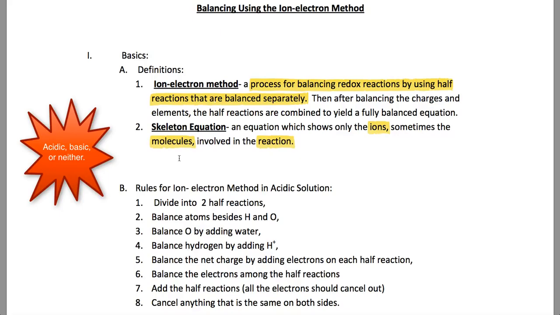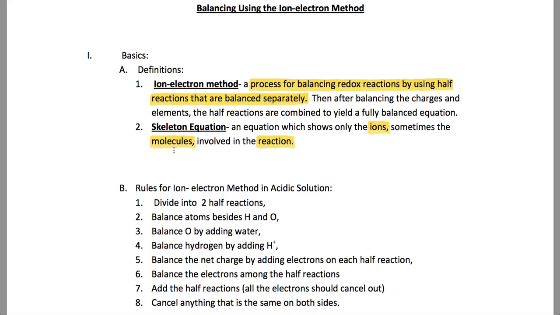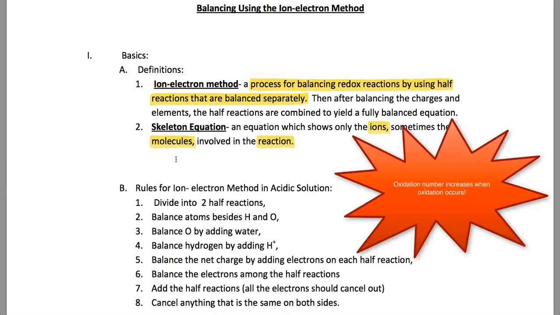If it's in neither of these and they just want you to use an example that doesn't have any hydrogen or oxygen, and it's not an acidic or basic solution, then what you do is you break up into half reactions, and you remember the facts: oxidation is the process of losing electrons, and when you lose electrons, your oxidation number goes up, more positive.